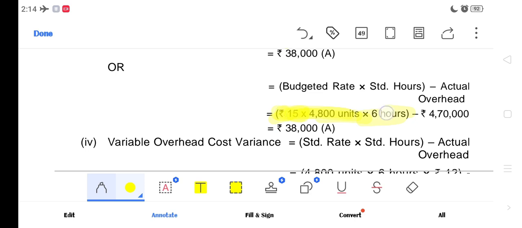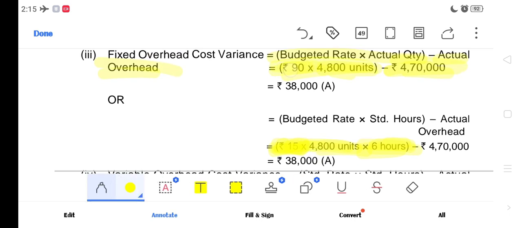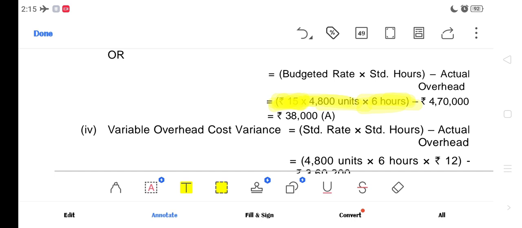Per unit we require 6 hours, and per hour it is 15 rupees. This 6 into 15 we get 90. That only he has done.